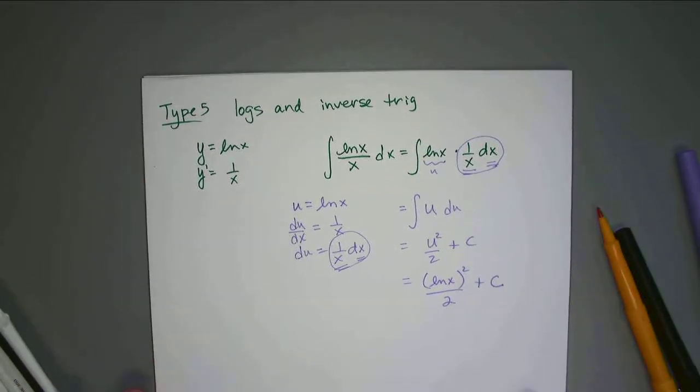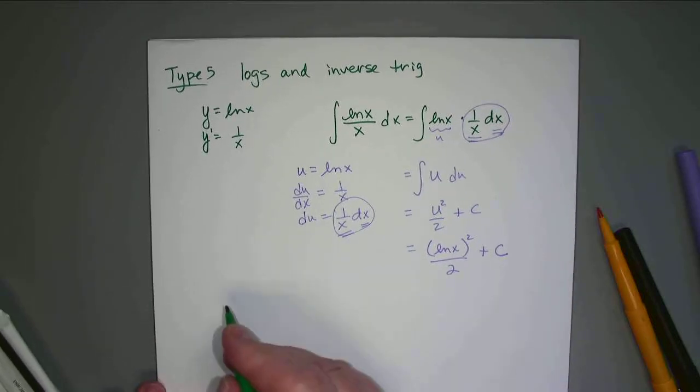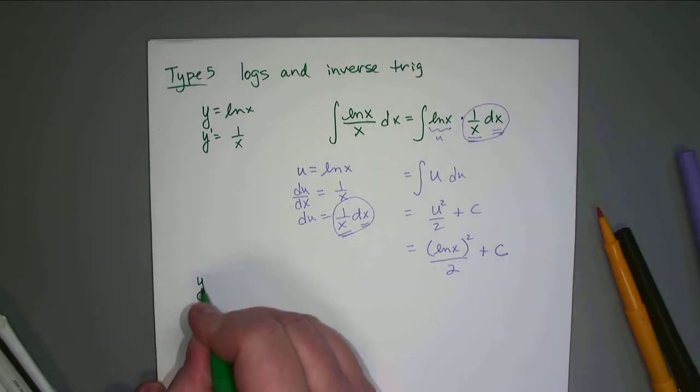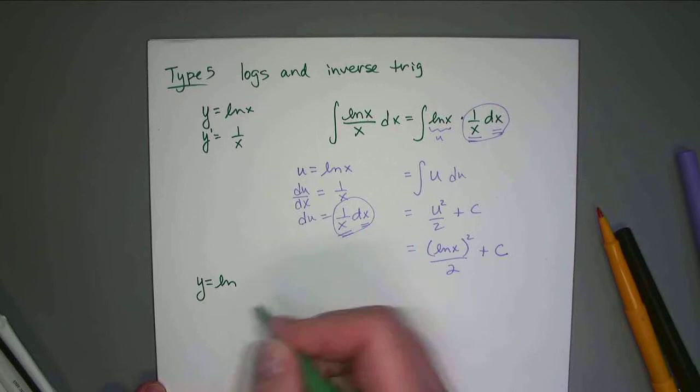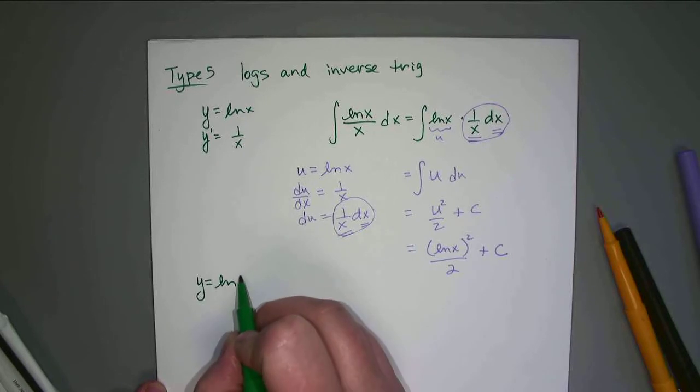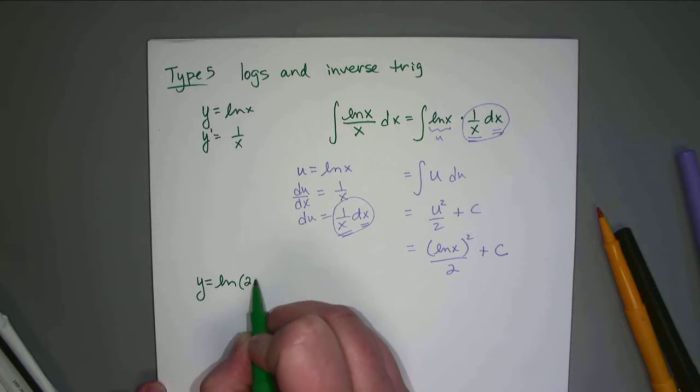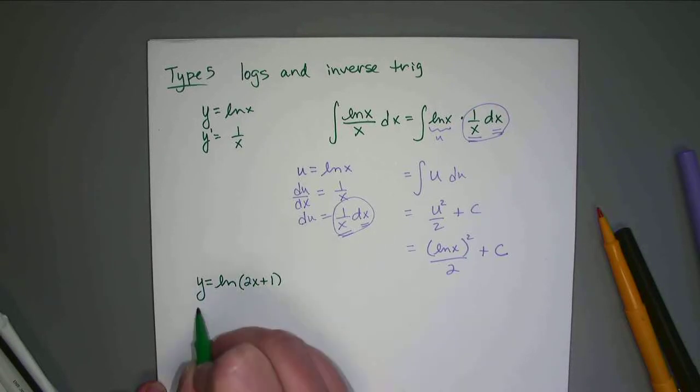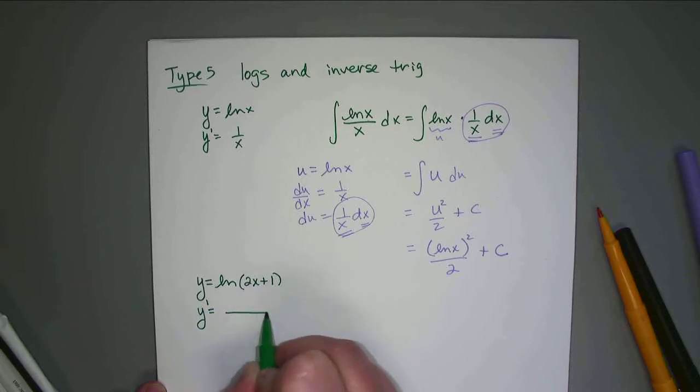So that's ln. Now, just to remind you how derivatives of logs work, we're only doing the natural log. So how do derivatives of logs work? Well, the argument goes on the bottom and the derivative of it on top.